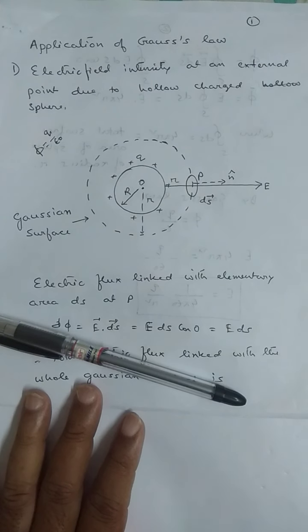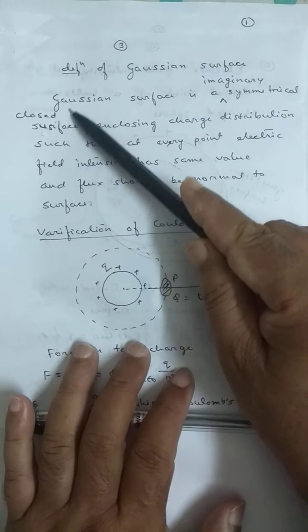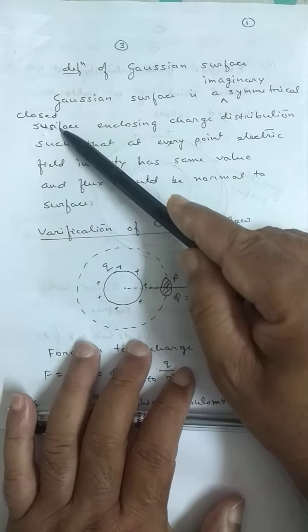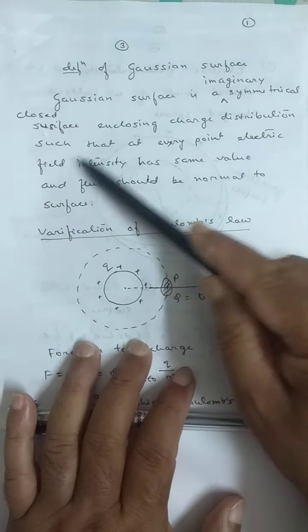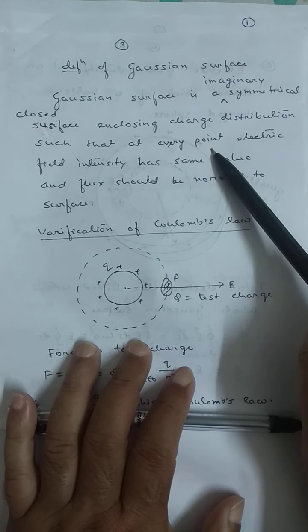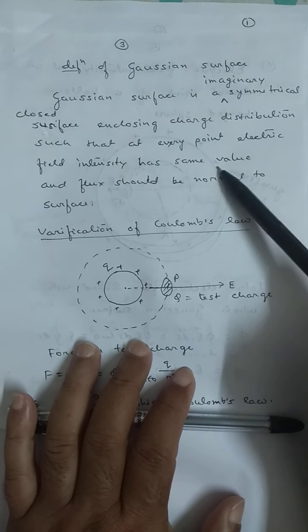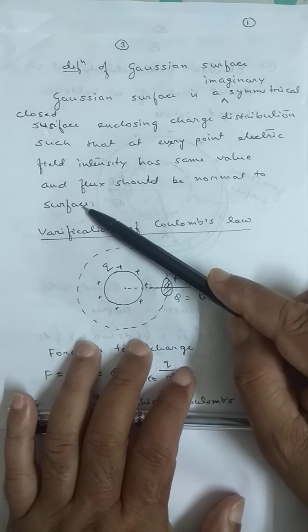Now, what is called a Gaussian surface? What is the definition of a Gaussian surface? A Gaussian surface is an imaginary symmetrical closed surface enclosing a charge distribution such that at every point the electric field intensity has the same value and the flux is normal to the surface.